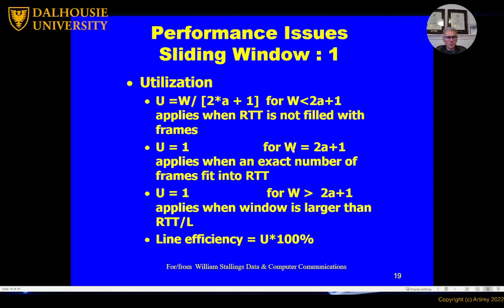And of course, make sure that the W is an integer, right? So if A is 0.9, then 2A is 1.8, plus 1, 2.8. So the window has to be not 2.8, the window has to be an integer. So the window has to be 3, for example. So make sure that the window size is actually an integer because we have an integer number of frames to send.